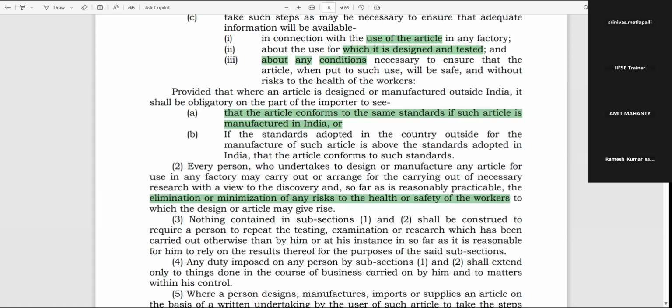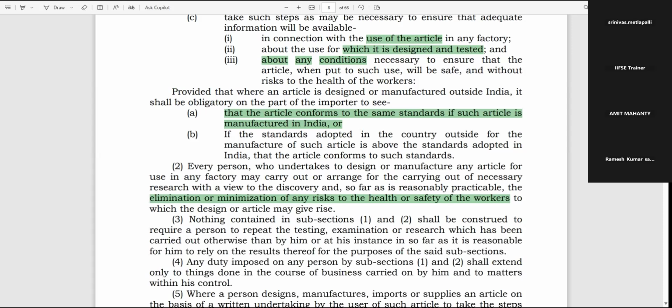Provided that where an article is designed or manufactured outside India, it shall be obligatory on the part of the importer to see that the article conforms to the same standards as if such article were manufactured in India. Okay, if you are importing, you should also make sure that the same standards are followed in India.